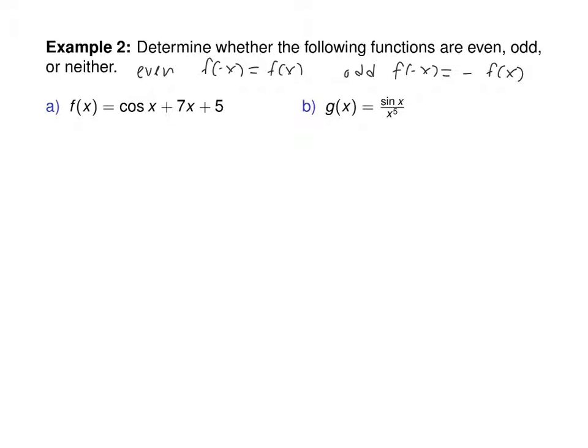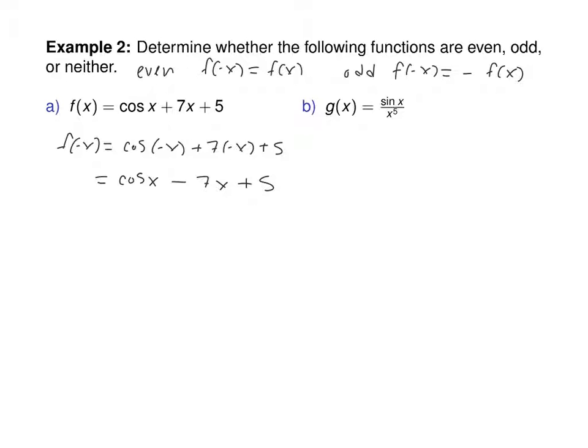So first one, let's plug in negative x. You got cosine of negative x plus 7 times negative x plus 5. So what kind of function is cosine? Even. Even, so that is just cosine of x minus 7x plus 5. Okay, so is that the original function? No. So is it even?